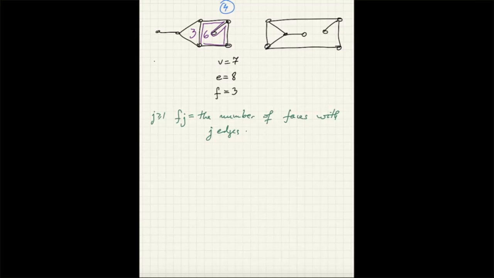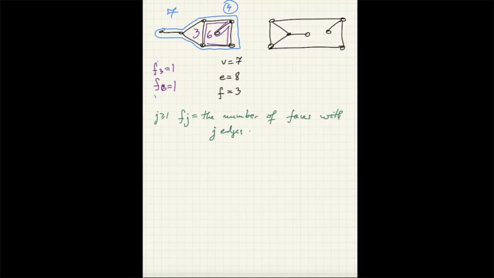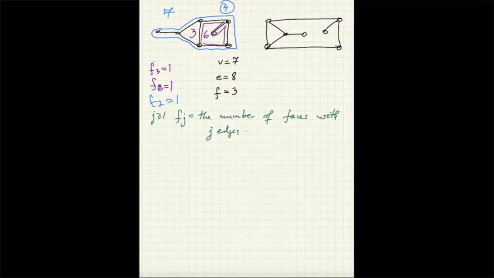And for the outer face, I have 1, 2, 3, 4, 5, 6, 7. So I have 7. So in this situation, we have f3 is 1, f6 is 1, and f7 is 1, the outer face.